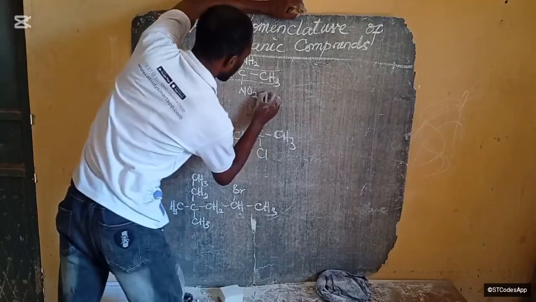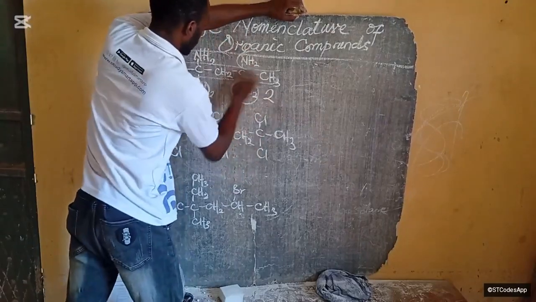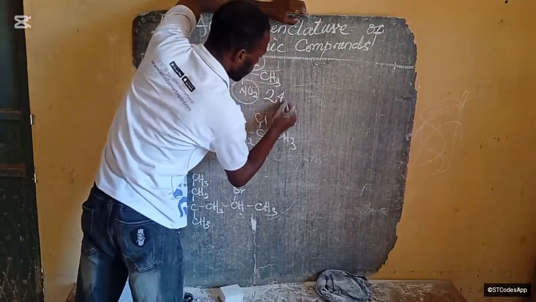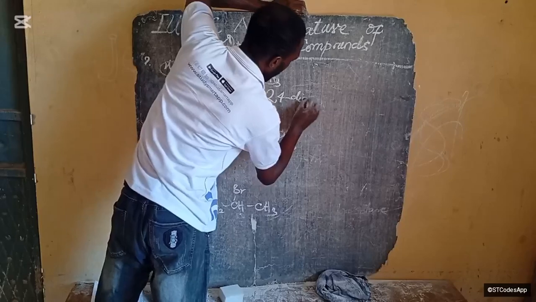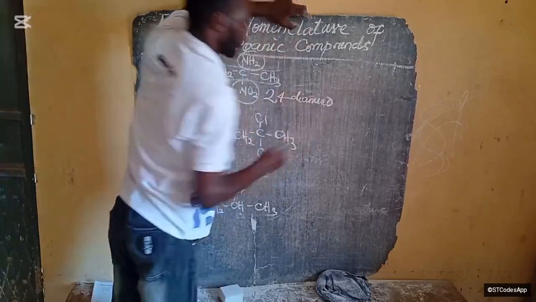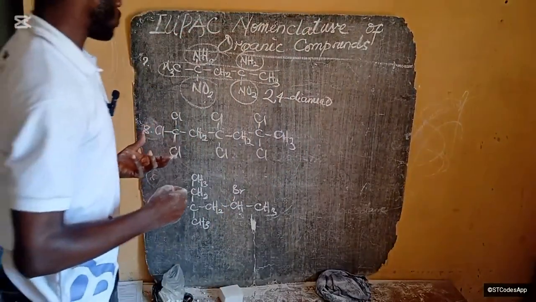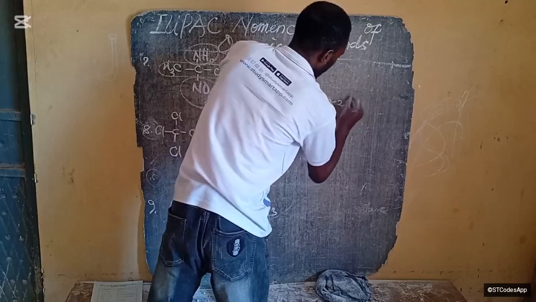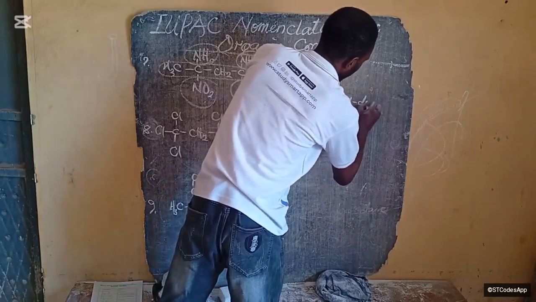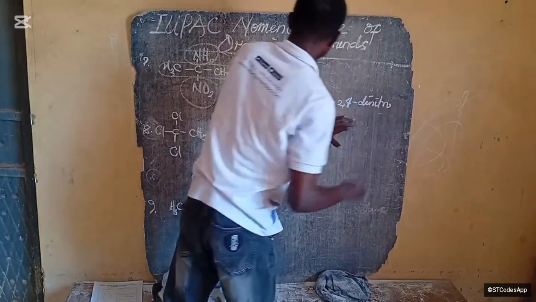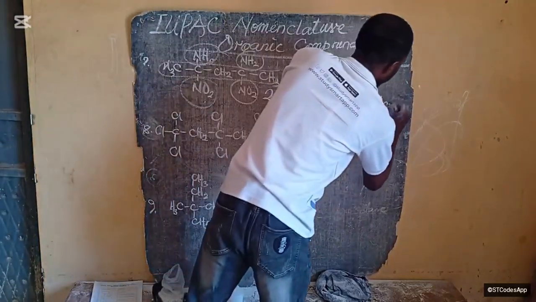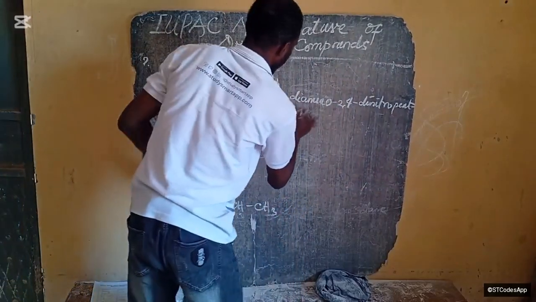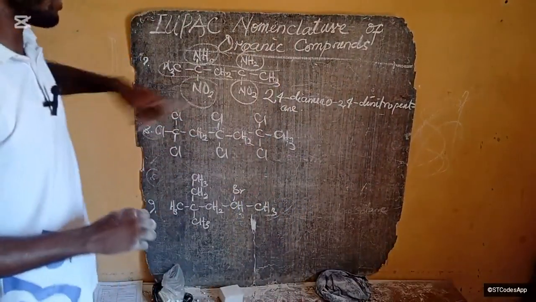So that will be 2, 4-diamino, then 2, 4-dinitro. So we have 5 carbons. That will be pentane. So that's the name of that molecule.